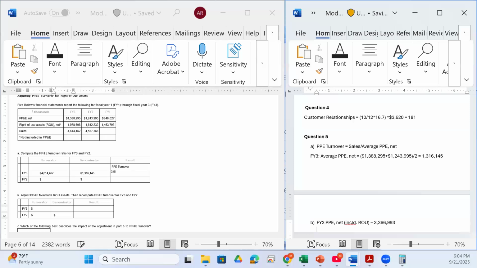Now we'll also need fiscal year 2 PPE net including ROU.